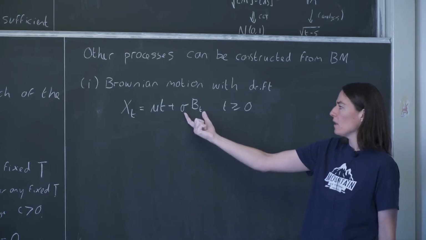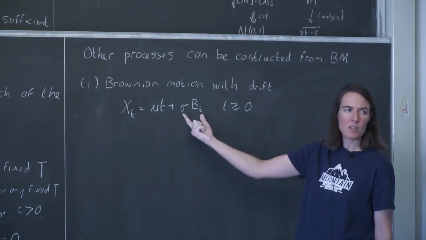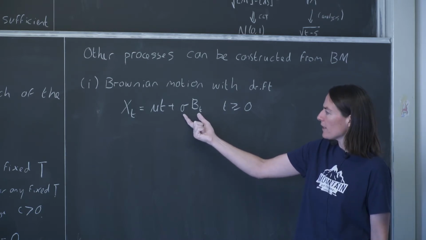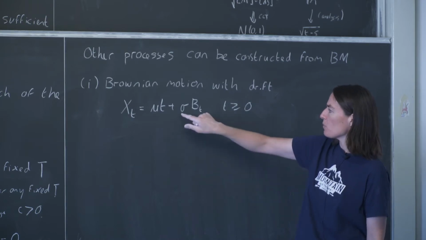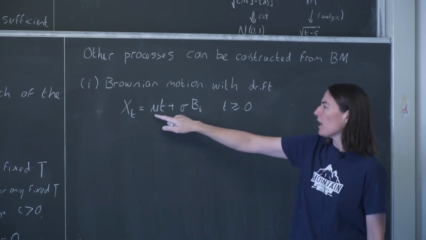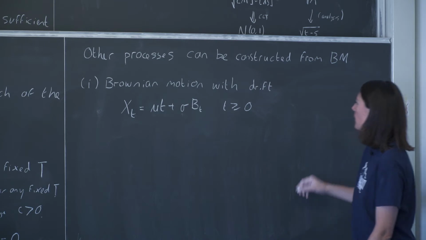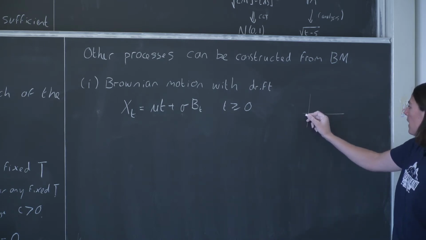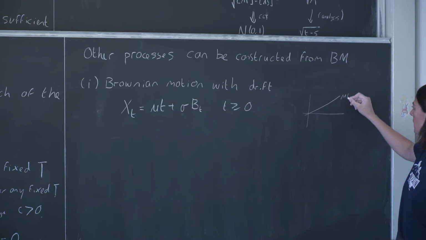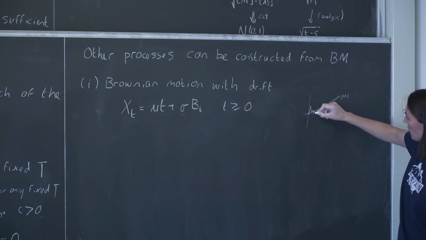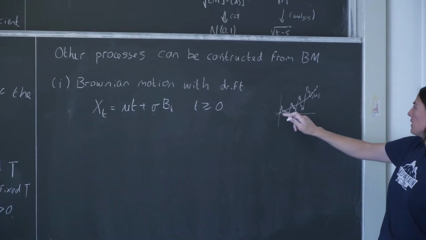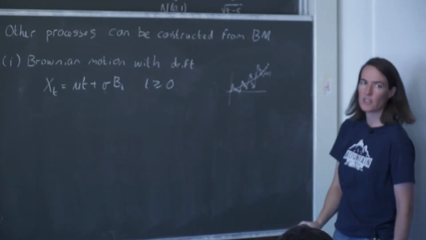Well, we multiply our Brownian motion by sigma, so we effectively change the diffusivity of this, change our random variables to have variance proportional to sigma squared, and then we add in a linear transformation. And so you tend to get a picture, if this is the line mu t, you have a process which follows that sort of trend, but with fluctuations around it.